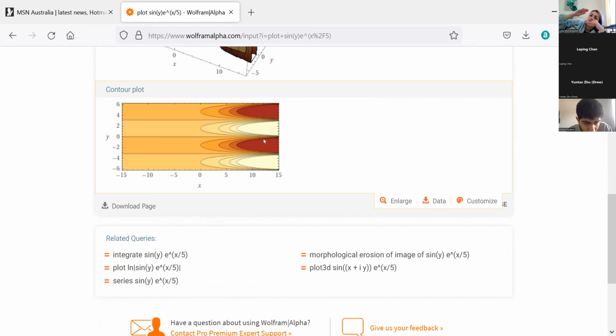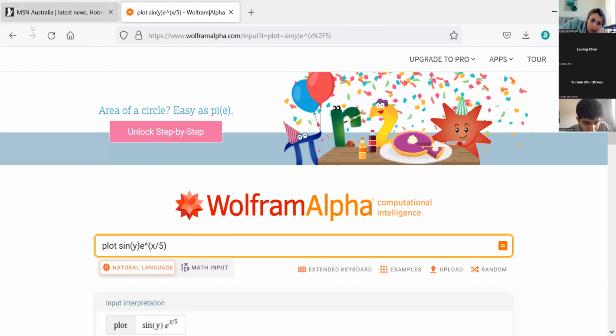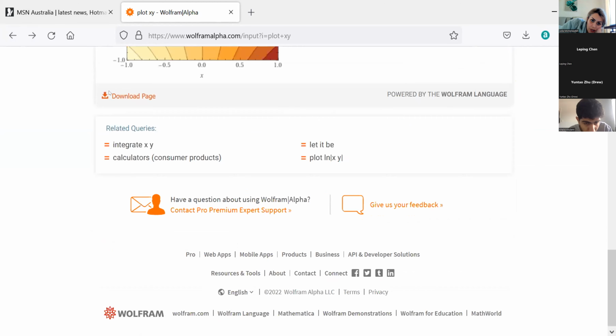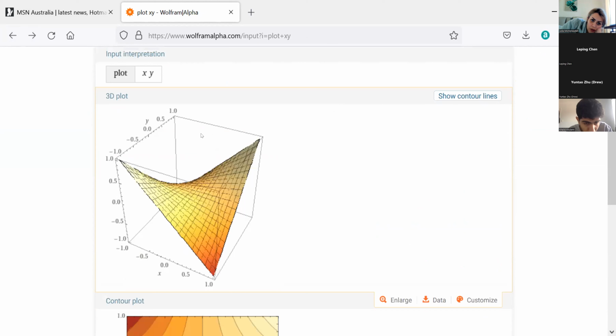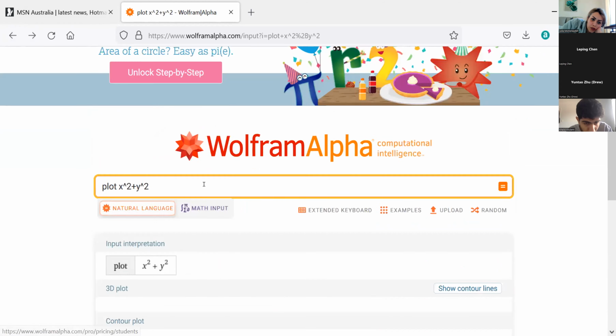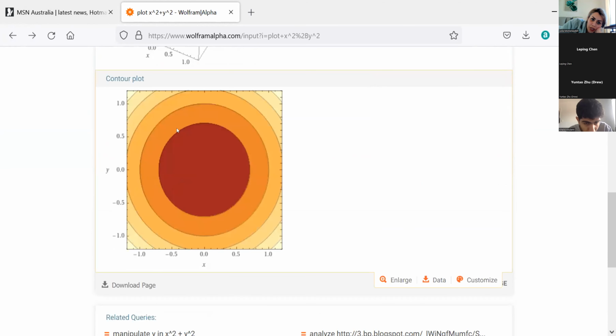You see the mountain, but it's round, or you see the lake, but it's round, but you don't see the volumes, you just see some contours. Or for example, the previous one, you can see again the contour. It looks like you are looking at this one from the top, or for this one, again you can see the contour plot here.